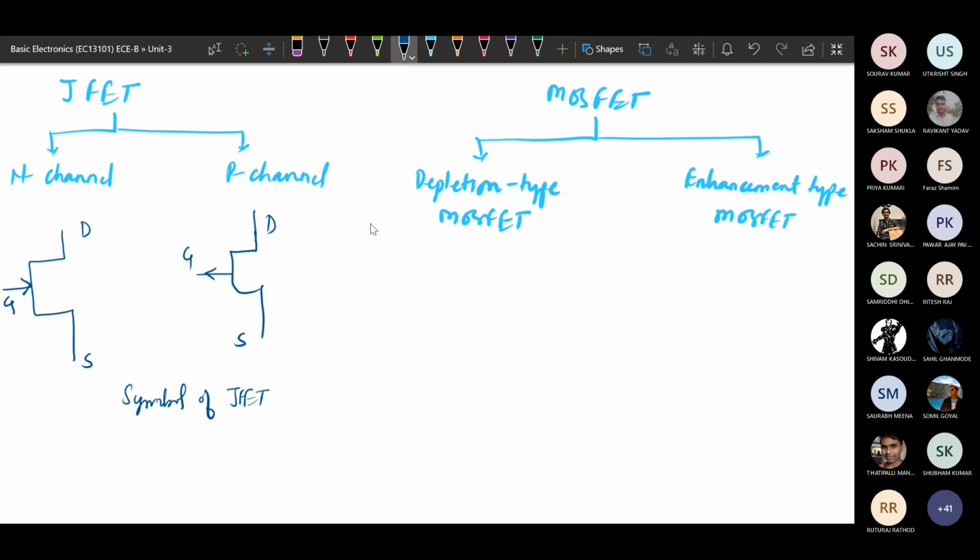Similarly, this is the depletion type MOSFET. Let us see how it is defined.